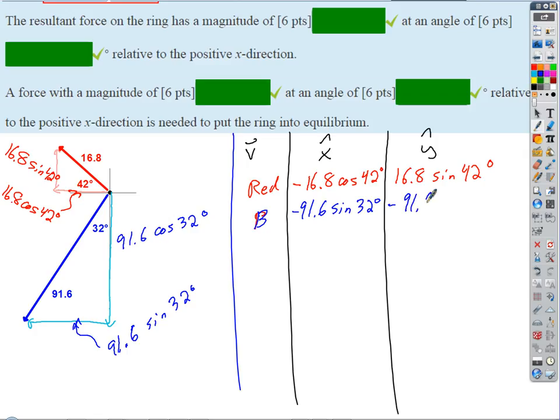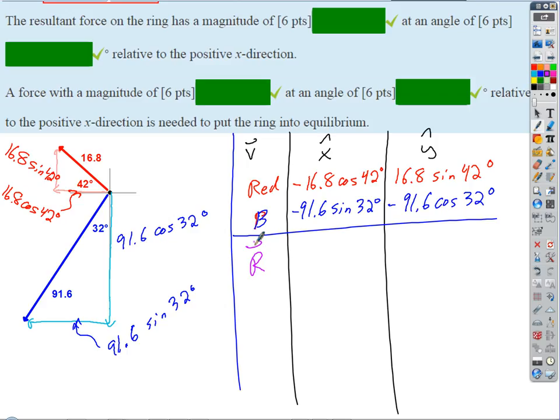Negative 91.6 cosine 32, right? So to get my resultant vector, I just have to sum those. I'm going to add up the x components and the y components of all the vectors to find the net x component and the net y component.